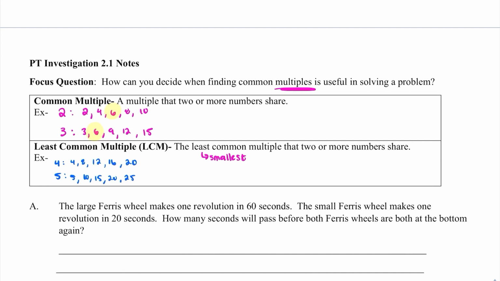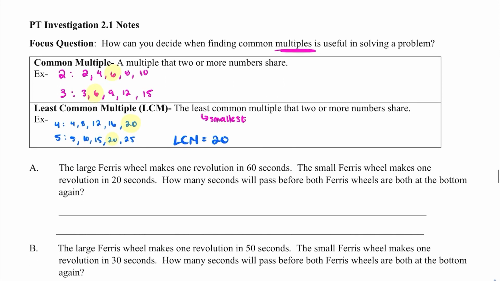Remember, we're finding the smallest common multiple these two numbers have. It'll be the number that both lists have that shows up first, and in this case, it's 20. We abbreviate least common multiple as LCM, so the LCM is equal to 20. So 20 is the smallest multiple, or the least common multiple.